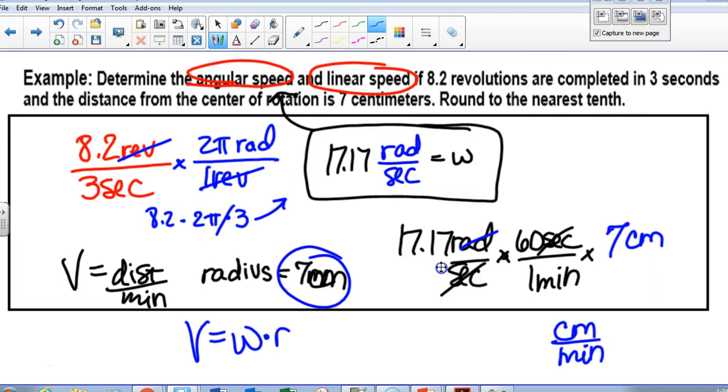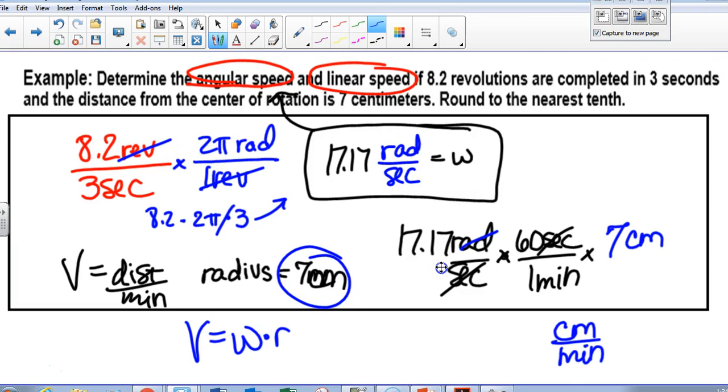I don't know why I can't type that in right. What did I do wrong? Do they want it in... What is your answer on your page? 120.2.